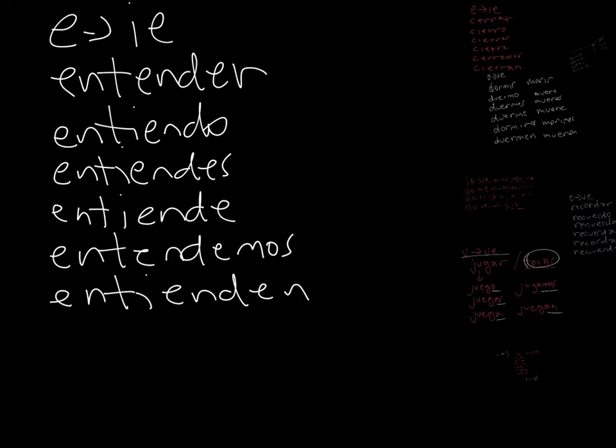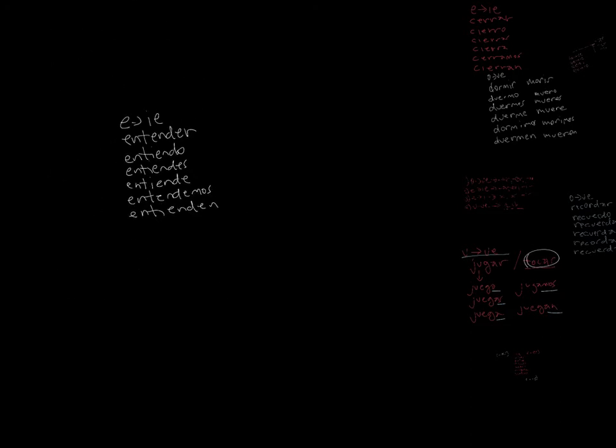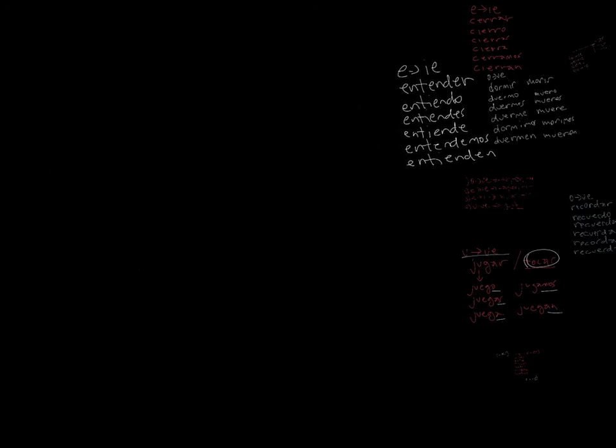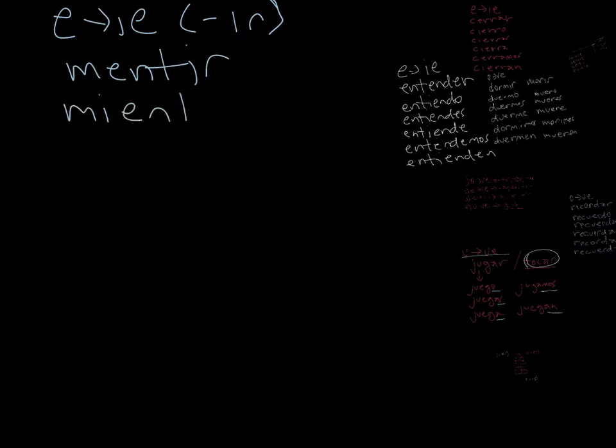Now let's go take a look at E to IE for an IR ending verb. Okay, E to IE for an IR ending verb. We're going to do, let's do to lie. Mentir. Yo miento, I lie.